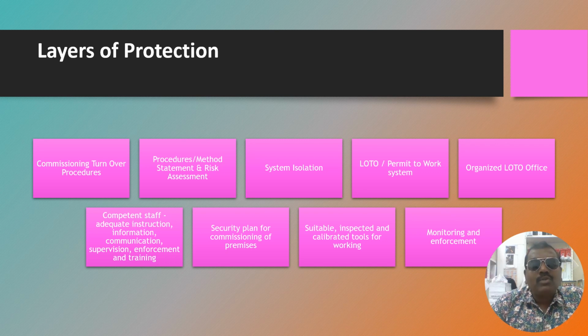So we have this many layers of protection to protect the human being and to maintain a safe work environment. What is this called? Commissioning turnover procedures, procedures, method of statement and risk assessment, system isolation, LOTO permit to work system, organized LOTO office, competent staff, adequate instruction, information, communication, supervision, enforcement and training.